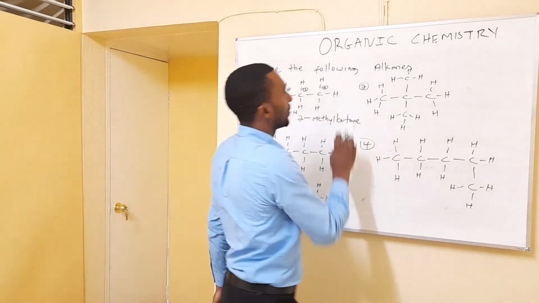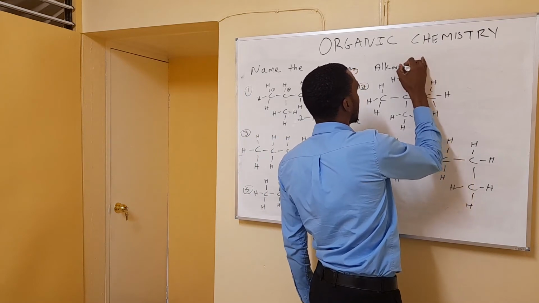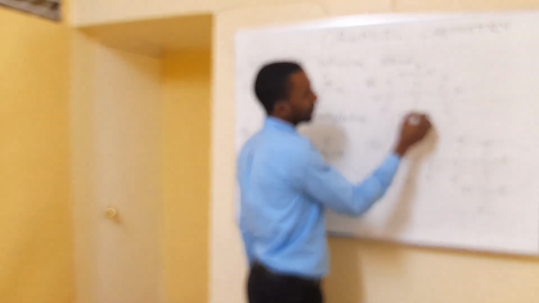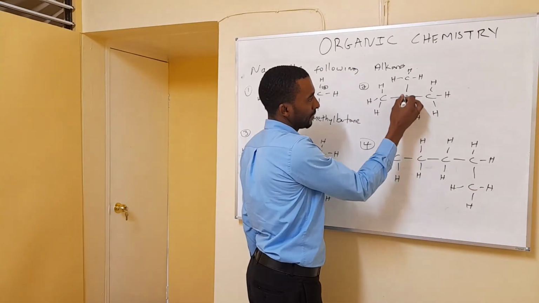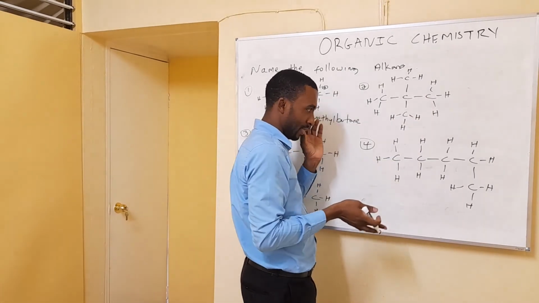Now, compound number 2. 1, 2, 3. 1, 2, 3. As we can see, the longest chain is 3 carbon atoms.